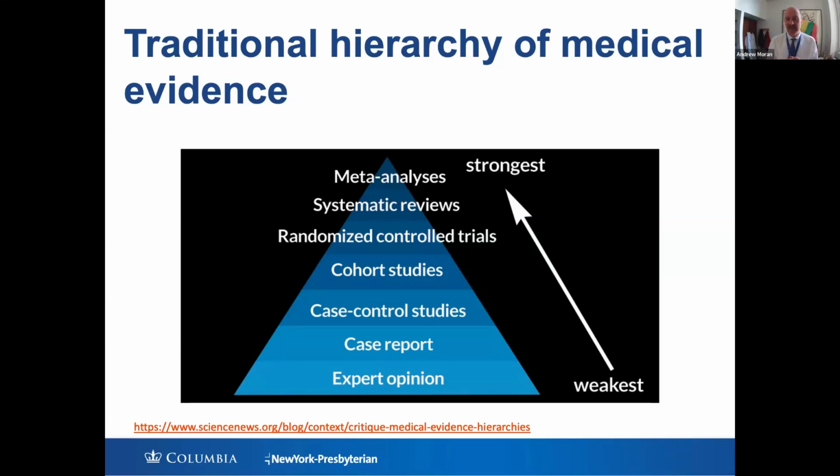At the top, we have the randomized controlled trials and then the studies that distill that evidence across many trials, including systematic reviews and meta-analysis. And so usually any kind of health policy, clinical guidelines, and even our day-to-day decisions should be driven by this kind of high quality evidence whenever possible.